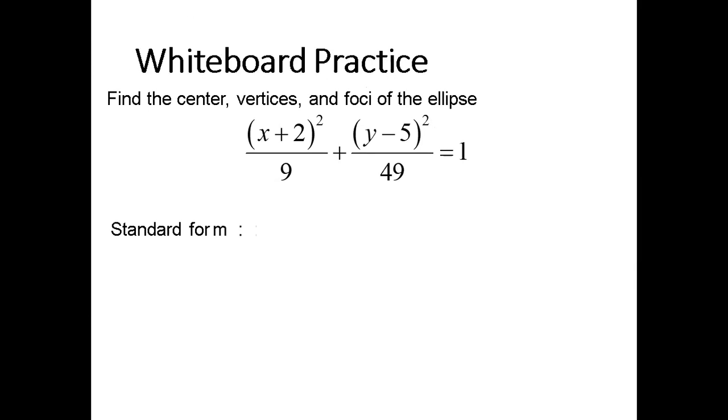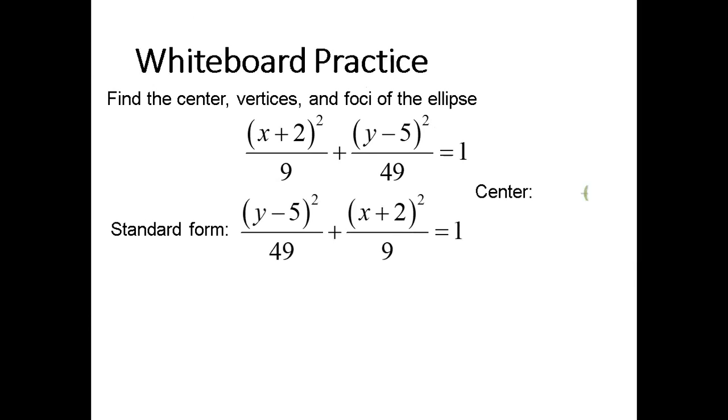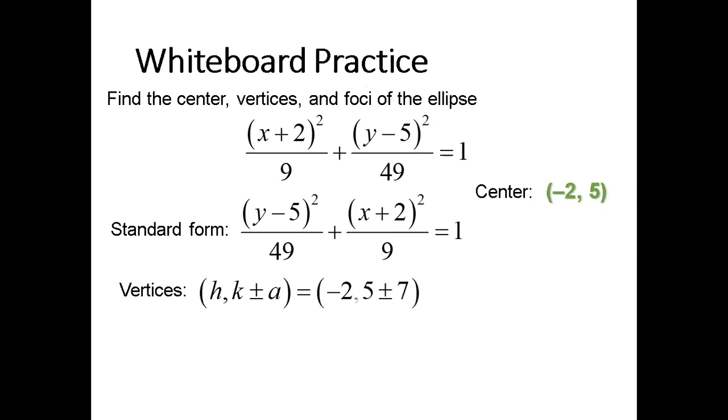Here is the answer. For the standard form, and for the center, that's negative 2 and 5. For the vertices, that's negative 2, 5 plus negative 7, which is equal to negative 2, 12, then negative 2, negative 2. And how about the foci?